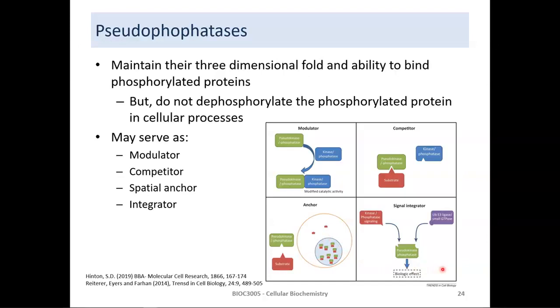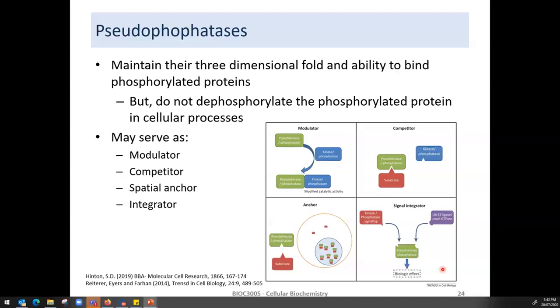And lastly, they can act as signal integrators. It is probable that in proteins with a modular composition of domains, the pseudophosphatase brings the different signaling components together in the cascade, and that will then result in a biological effect.